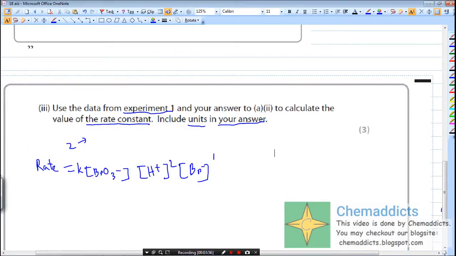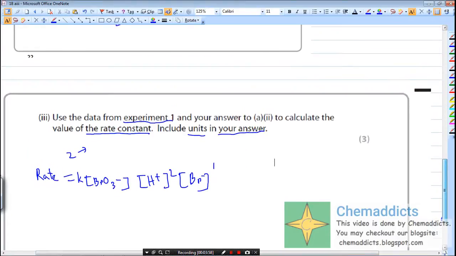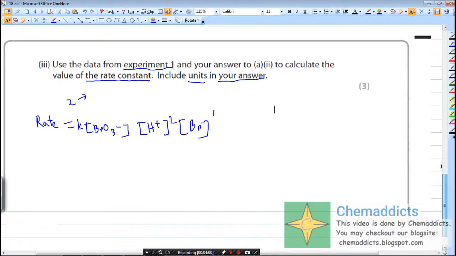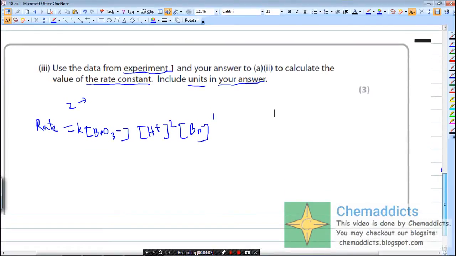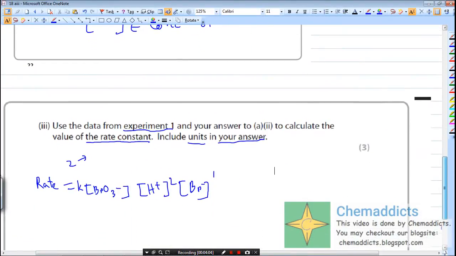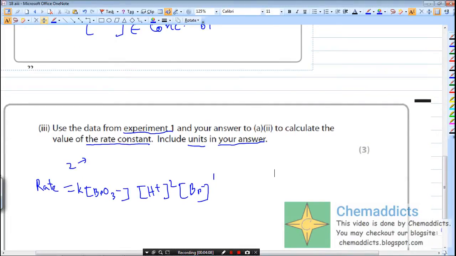Now let us look at the information that is given. They have asked us to use the information given in experiment 1. If we use other experiments' data, then the whole answer would be invalid. So we should be careful about this.